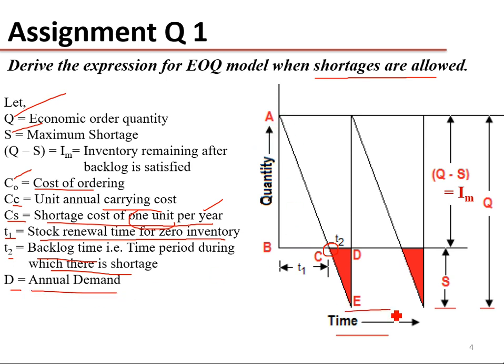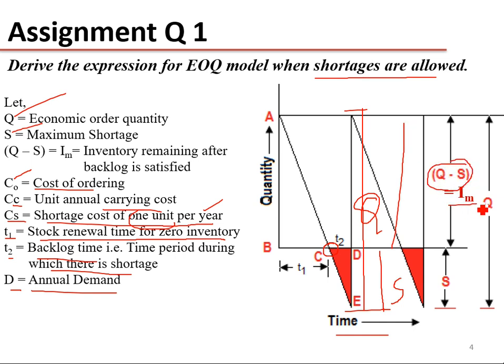From E to this point it is Q, and this is S. The rest of the quantity is Q minus S, which I denote with suffix M, just a notation. So Q minus S is the inventory remaining after the backlog is satisfied.